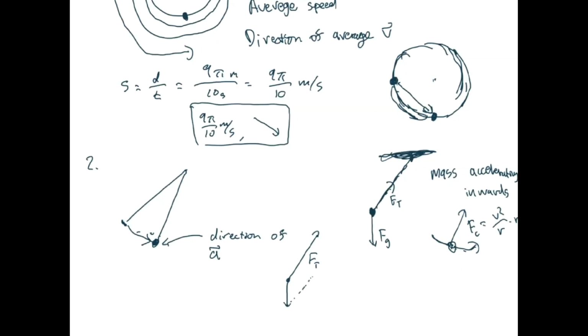When we take the vector sum here, we should get a force that is radially in, and also there should be a component perpendicular to the string, because there's a component of gravity that's perpendicular to the string, and there's nothing that can cancel it out.